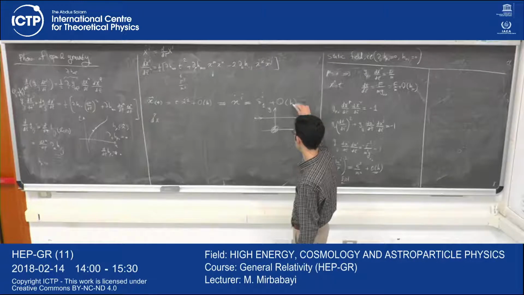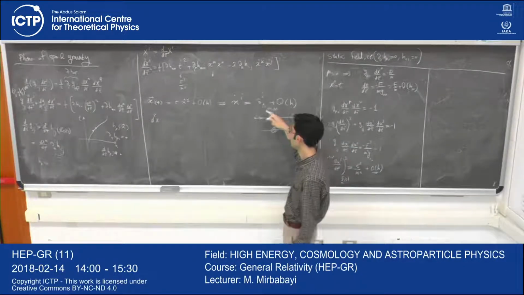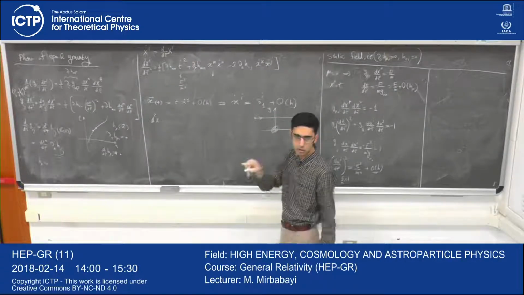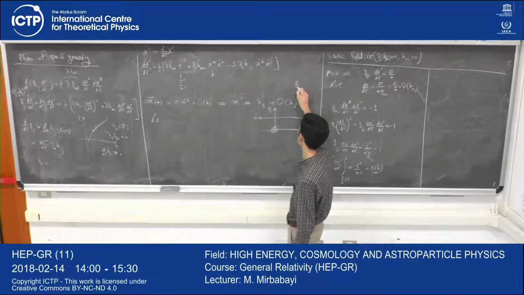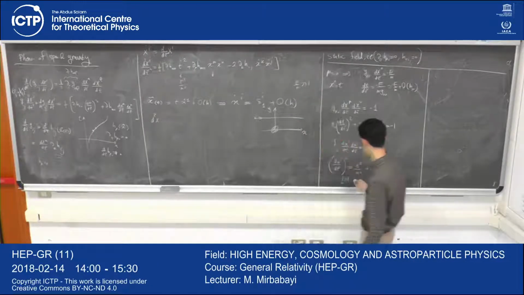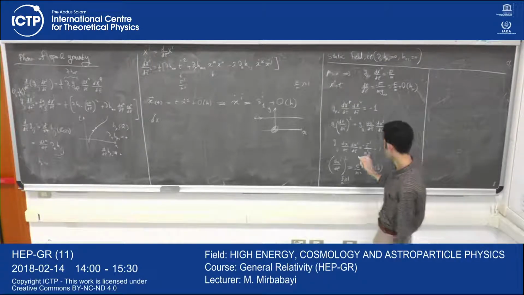So to zeroth order in the background field, x dot is just going to be equal to 1, because now I'm considering the case in which E over M is much larger than 1. Sorry, x dot is not going to be 1.